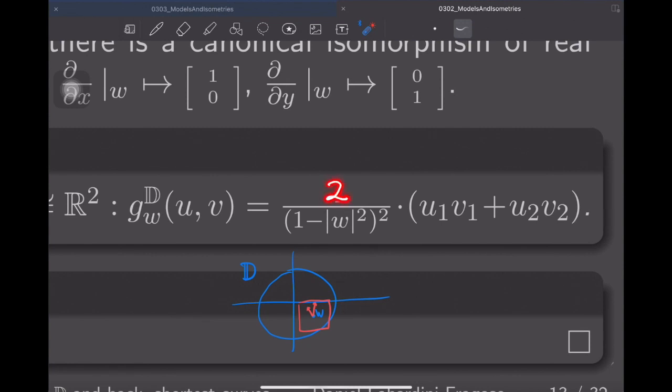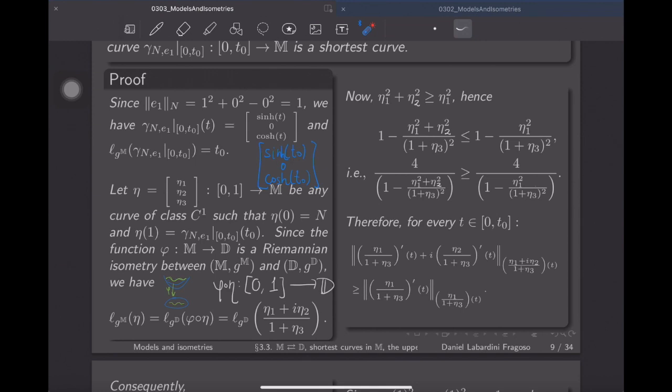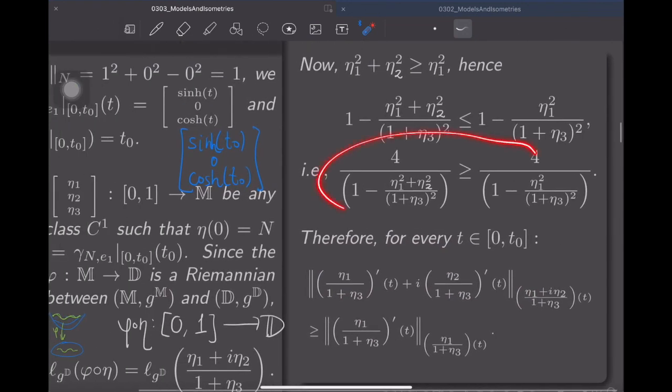It should be 2 without this. So I go back to the other one and I have to do that here. That's why I did this computation. But there should be a 2 here instead of a 4. Well, okay, it's still true.